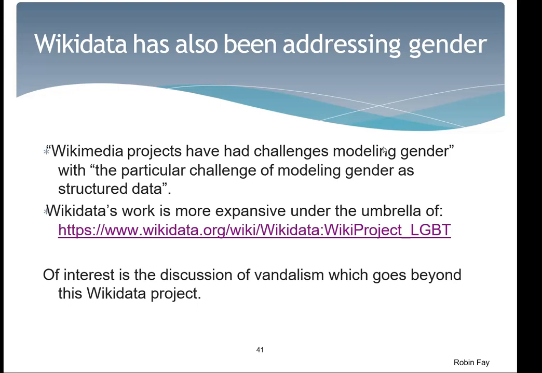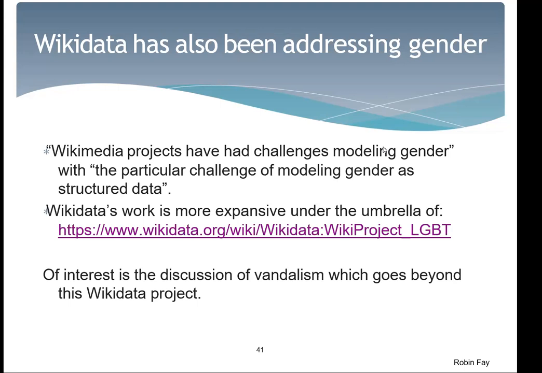We'll be looking more at some of Wikimedia's other work on identities next week, and we'll be talking through that and ORCID and some other things too. Of interest in this discussion is the discussion of vandalism and how, being a collaborative open project, as they're trying to keep this information up to date, they are dealing with issues of vandalism and people trying to do all kinds of things, as people sometimes do in Wikipedia.